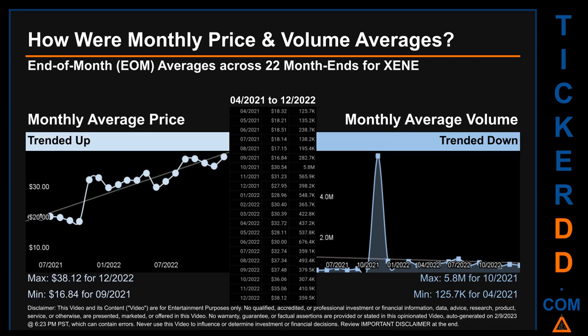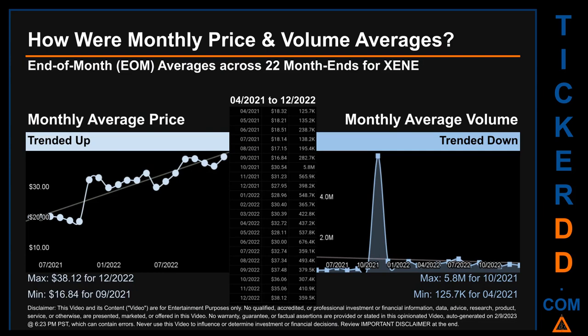How were price and volume averages for XENE? Across 448 trading days, there were a total of 22 month ends, of which monthly averages for daily price and volume were calculated. Overall, monthly price average trended up while monthly volume average trended down.